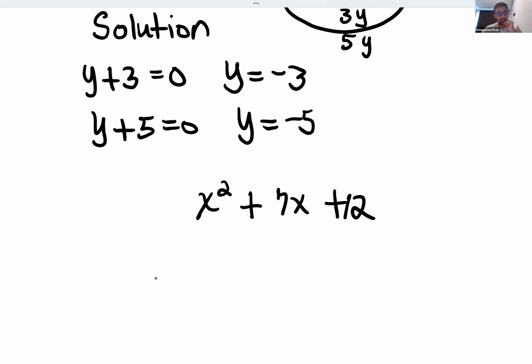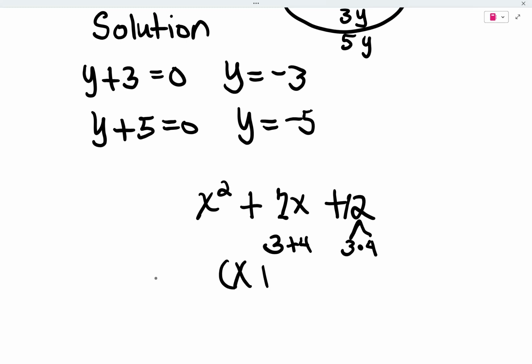And you also know that 3 and 4 added together is 7, right? So that's how you always want to ask yourself, what two numbers give us that product, but add up or subtract to give us that number. And so this is how we know that it's x plus 3 and x plus 4 in this case.